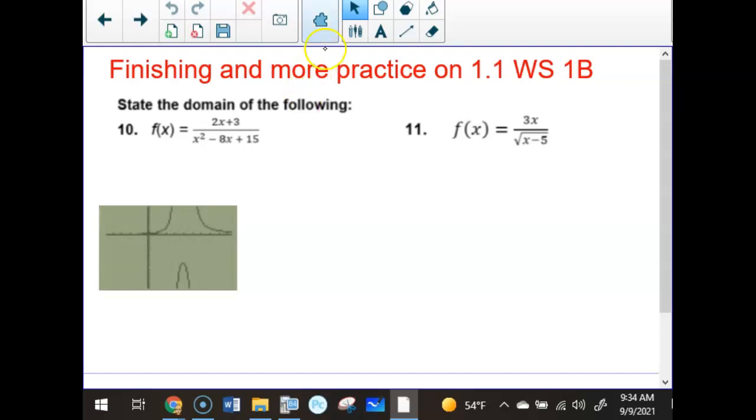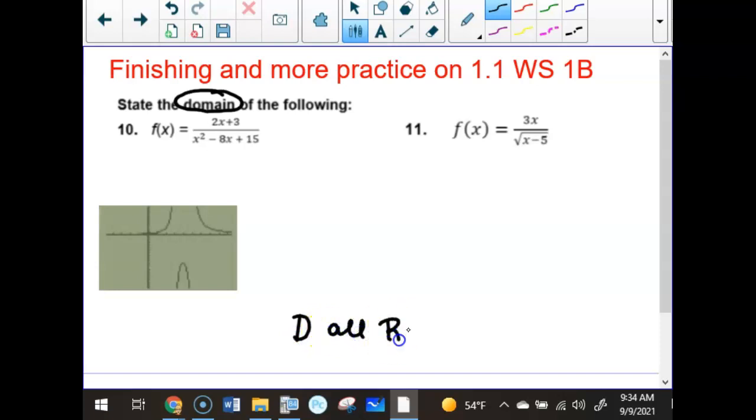The idea, remember, for domain in particular, which is all this question asks, the domain is all real numbers for any kind of polynomial like this, or these are actually a rational function and something wonky, unless there's two things.